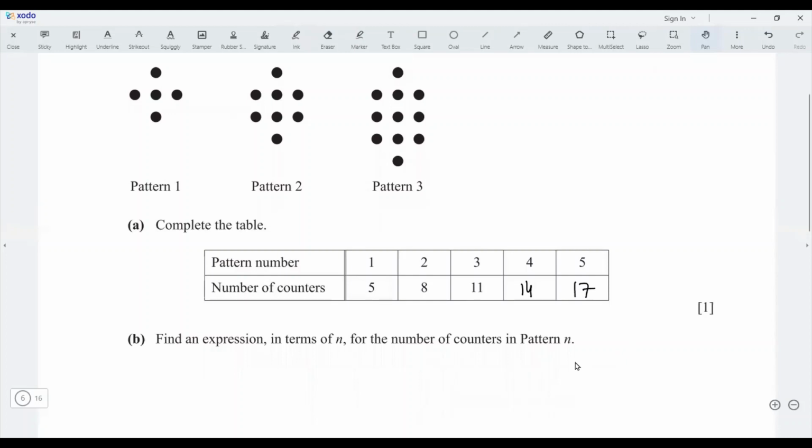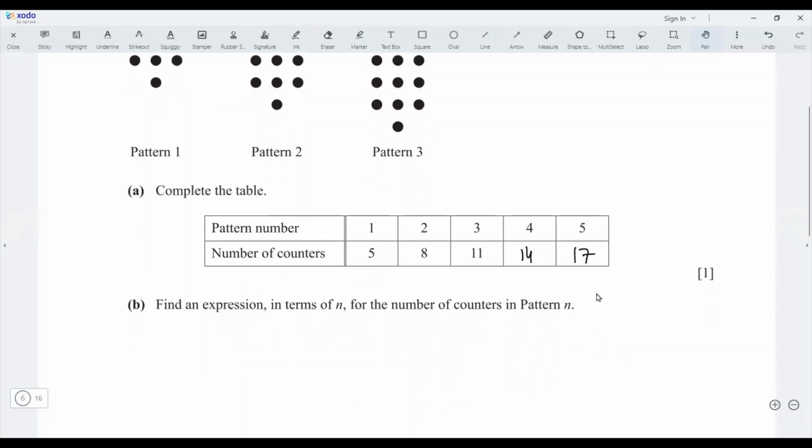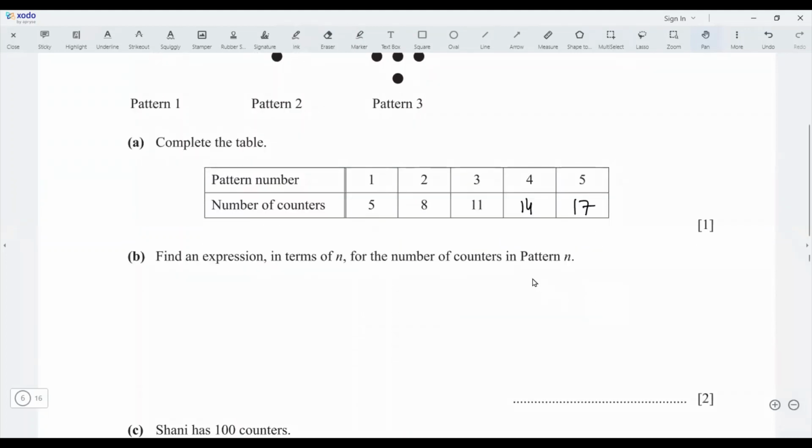For part B, we have to find an expression in terms of n for the number of counters in pattern n. This basically means we have to find the nth term. It's an arithmetic progression, so we write down the formula an equals a plus n minus 1 times d. a is the first term, which is basically 5 here, plus n minus 1. The common difference between those two numbers is 3.